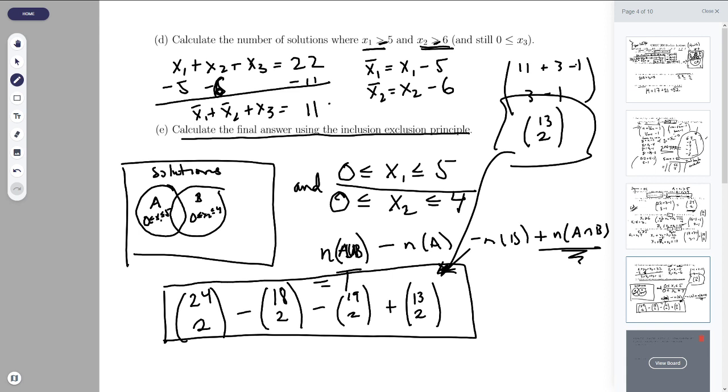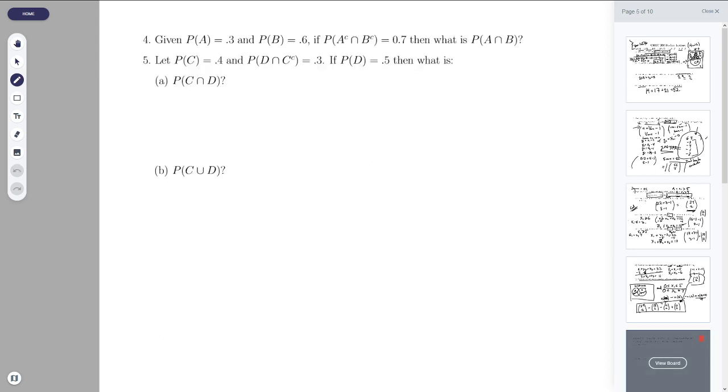Okay, so let's actually just move on and do this problem.